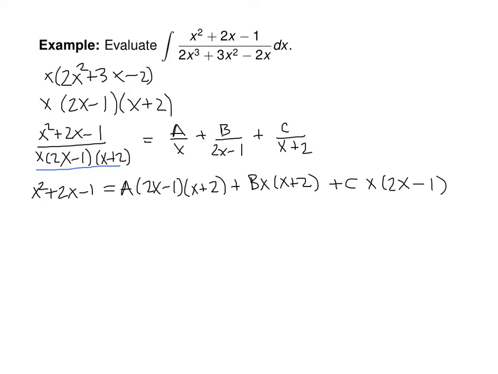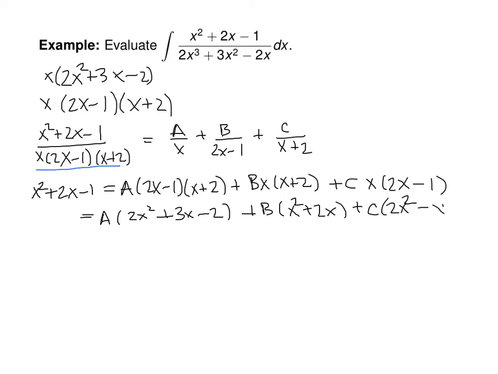Now we distribute. We'll have A times the quantity 2x squared plus 3x minus 2, plus B times x squared plus 2x, plus C times 2x squared minus x.